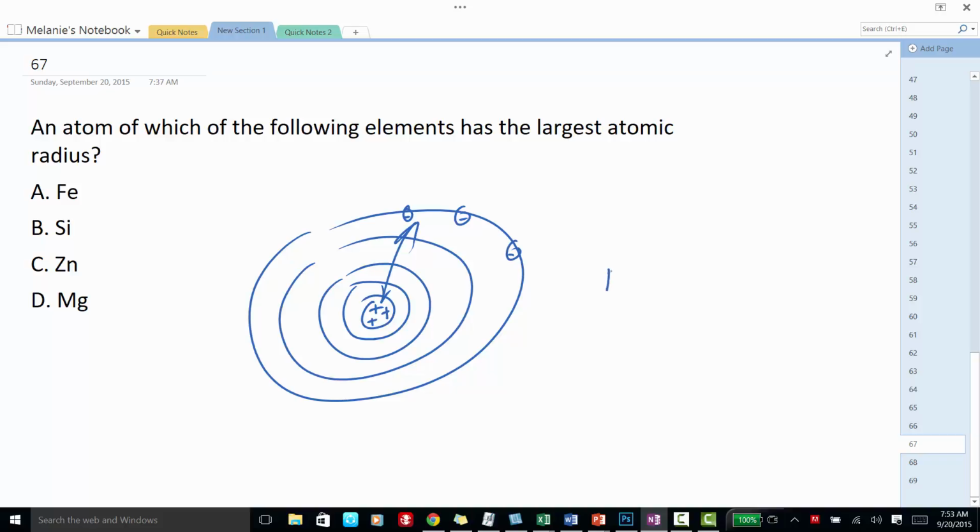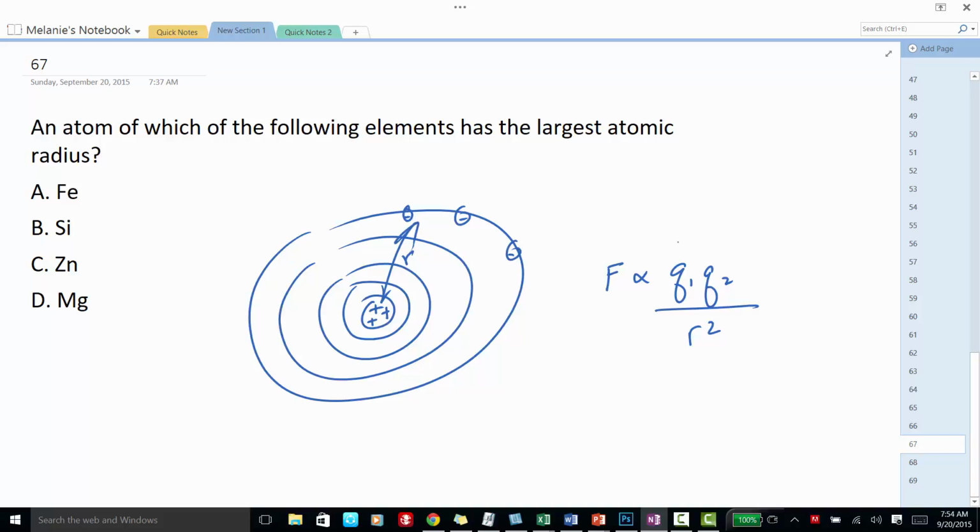This follows Coulomb's law. Force is proportional to the product of the two charges divided by the distance between the charges squared. When we don't add an additional shell, pretty much the radius, the distance between, let's call this r, between the nucleus and the outermost electron stays the same.